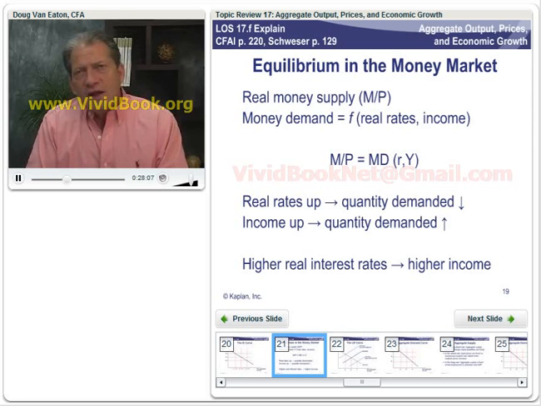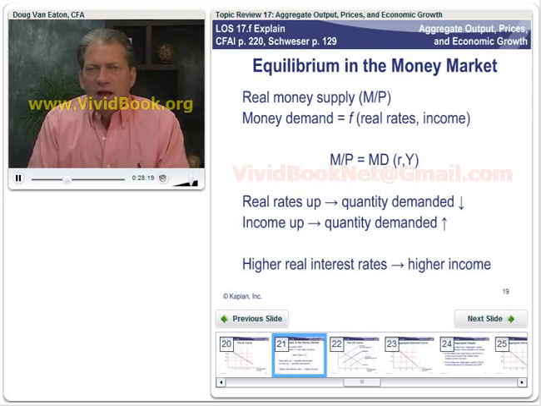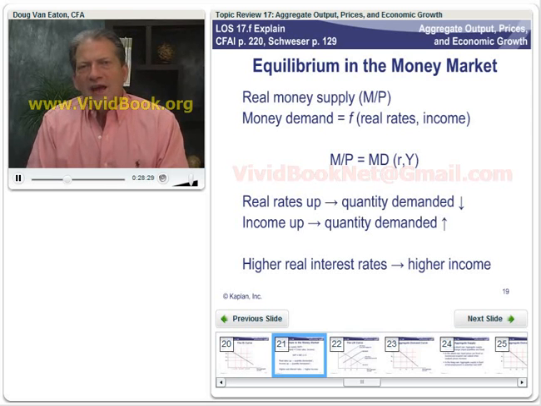On the other hand, the other argument in our function, y, or income, is positively related to money demand. Higher incomes, higher money demand. Now, so we see higher real interest rates, we're going to have higher incomes.